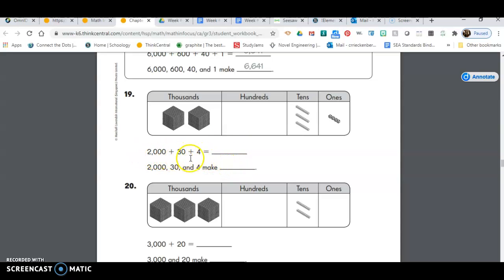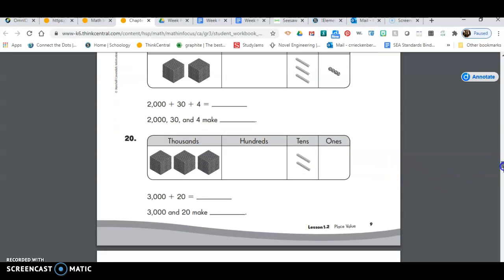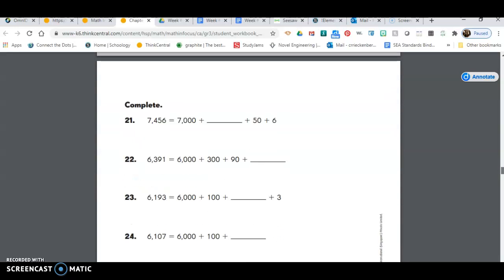This is expanded form. This right here, the 2,030 and 4 make blank, what you're going to be putting there is the standard form. And I want you to read this out loud so that your brain can hear it as you're doing it. You're going to continue through page 9.